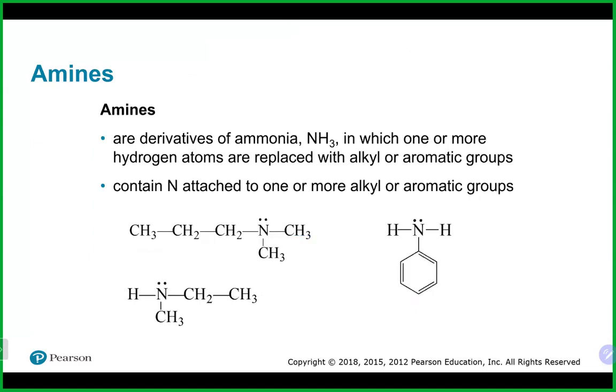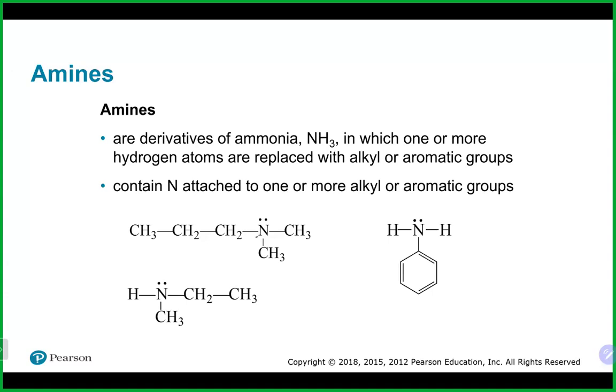So amines, as I mentioned, are derivatives of ammonia, and they do have non-bonding electrons. Typically they will also have one less hydrogen than ammonia to start with, because it would have too many bonds if it was NH3 and you put a bond on it. That's usually why it's NH2. And here are some examples of amines.